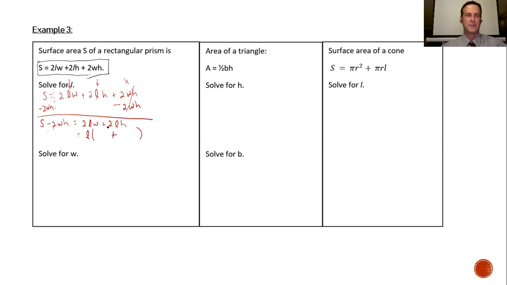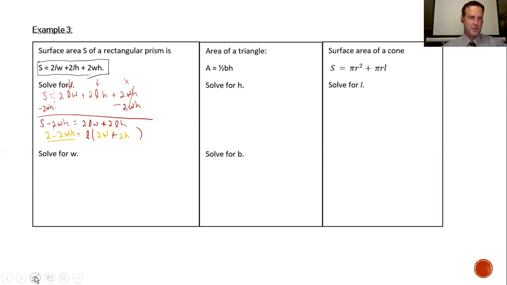There's your plus that you're recopying from right here. And if I pull out an L, what's left over? Well, I have 2W. And if I pull out the L for the second piece, it's 2H. And I'll set that equal to S minus 2WH.